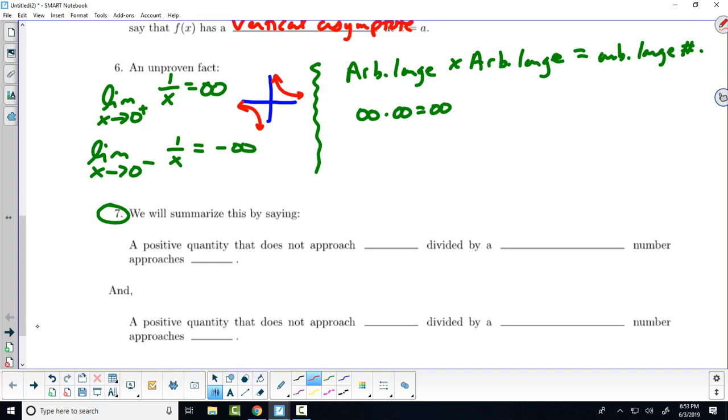As we approach 0 from the right, remember, when we talk about approach, that's the domain values. As the domain values get closer to 0 from the right, the range values become arbitrarily large. But to the question, as we approach 0 from the left, as our domain values inch closer and closer to 0, the range values become arbitrarily large negative. So we write that it's minus infinity. How's that? Great.